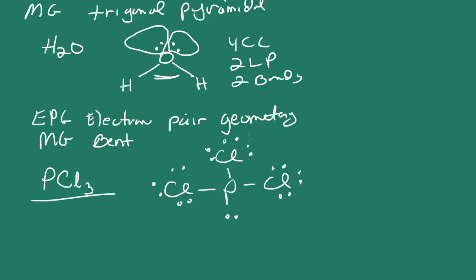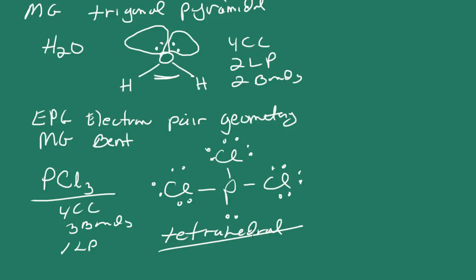So again, here we have 4 charge clouds. So we have 3 bonds, and there's one lone pair on the phosphorus. So in this case, what we have is a tetrahedral electron pair geometry, but the molecular shape is trigonal planar.